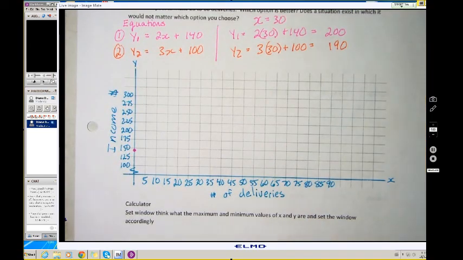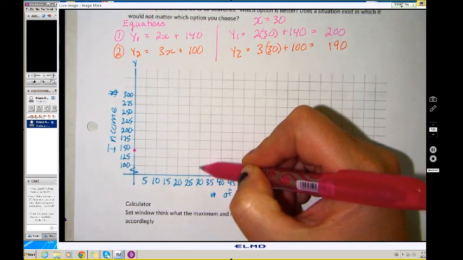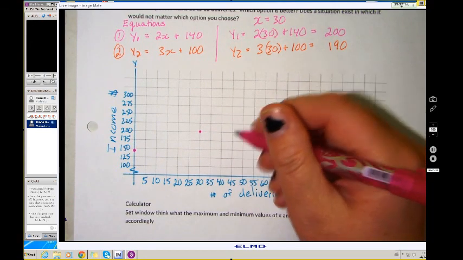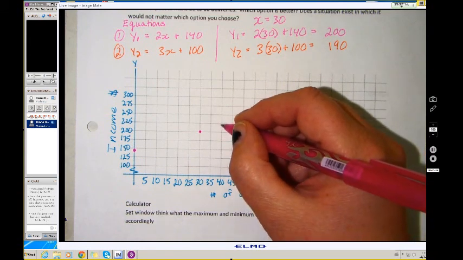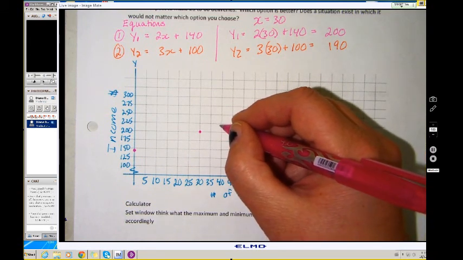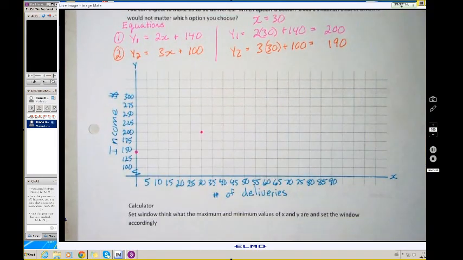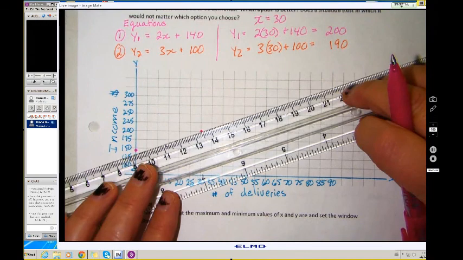I just have those points. But I'm going to draw y1 first. So 30 and 200. Okay, so I'm going to draw that line.